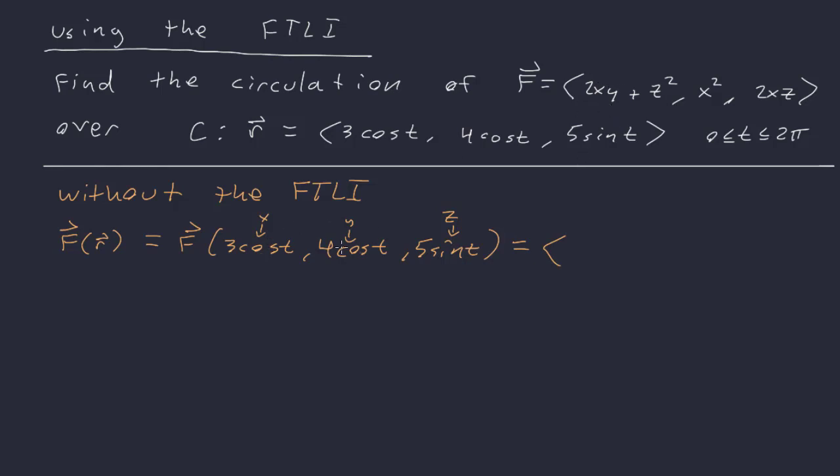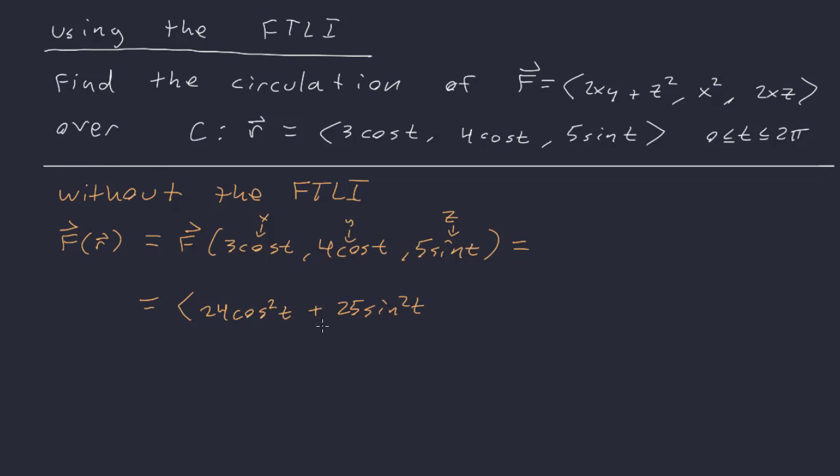So our 2xy is going to be 2 times 4 cosine t times 3 cosine t, so it will be 24 cosine squared t, plus z squared, which will be plus 25 sine squared t.